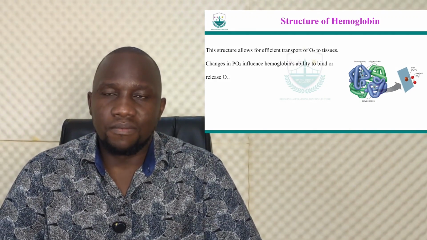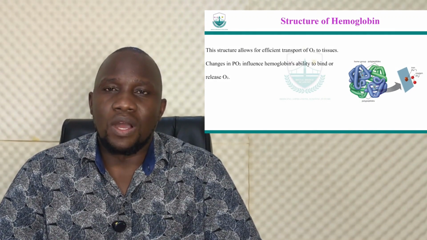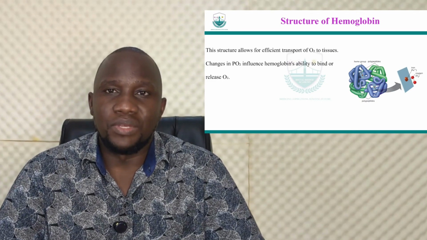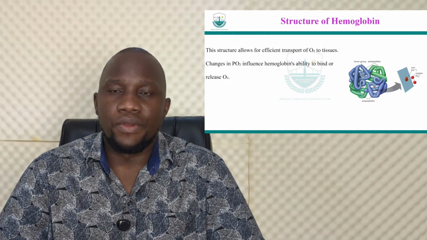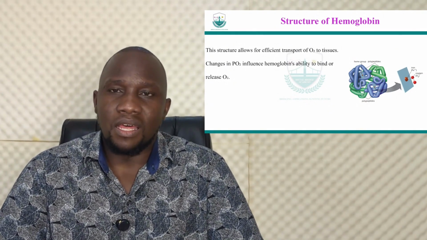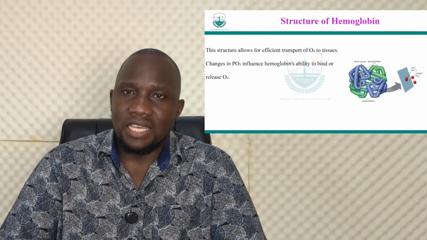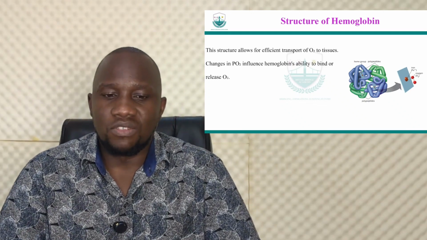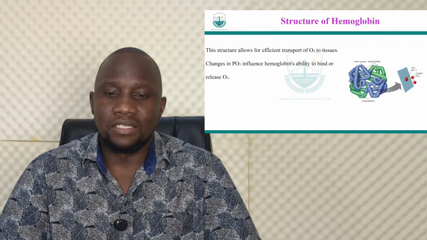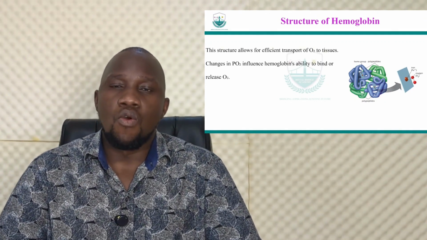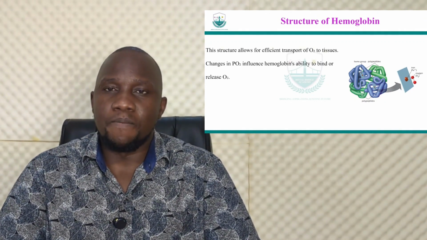Okay, so if you have changes in the partial pressure of oxygen, if we want to look at how much oxygen we have, we can look at partial pressures. That is why that P is there. So PO2, that is basically partial pressure for oxygen. And we are saying that changes in the partial pressure for oxygen actually influence hemoglobin's ability to either bind or release oxygen.